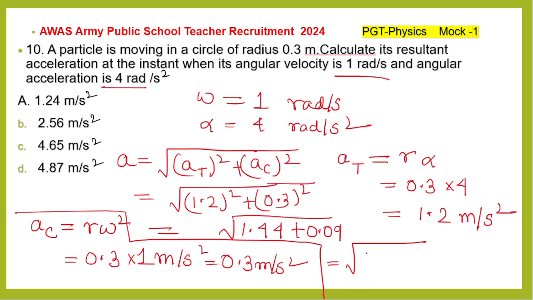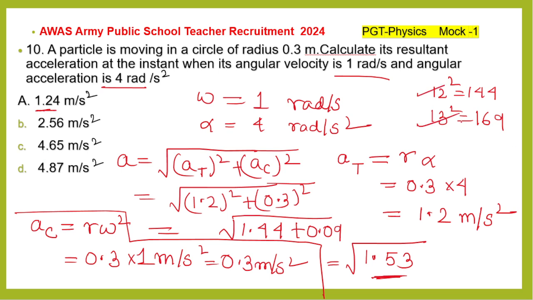We add this one and we get 1.53. Now how do we calculate the final result from this one? We know 12 square is equal to 144 and 13 square is equal to 169. Okay, from seeing this value, we can say the value is between 12 and 13.